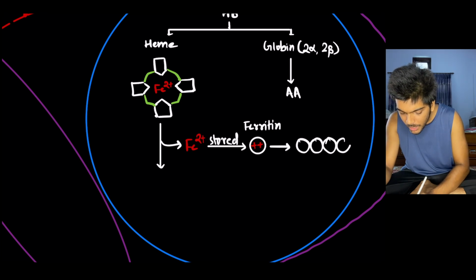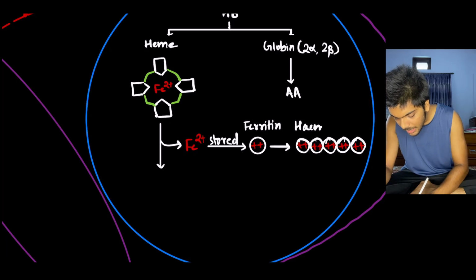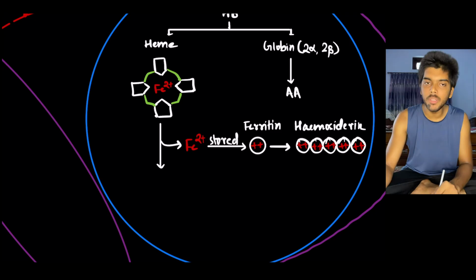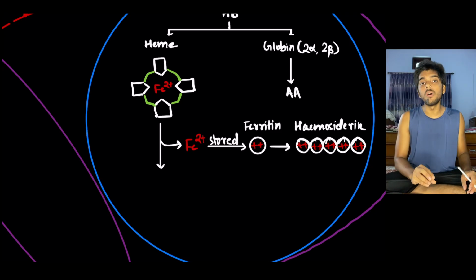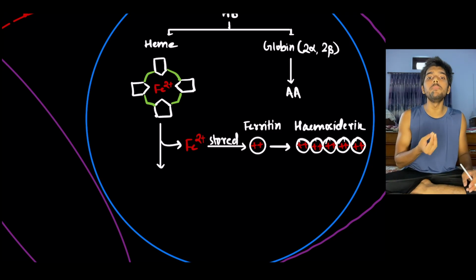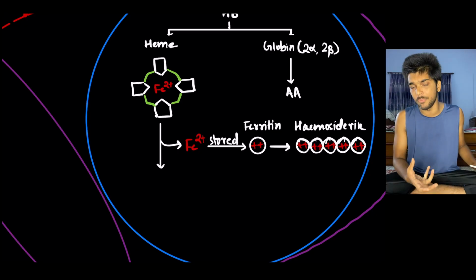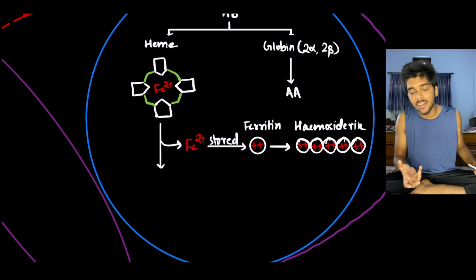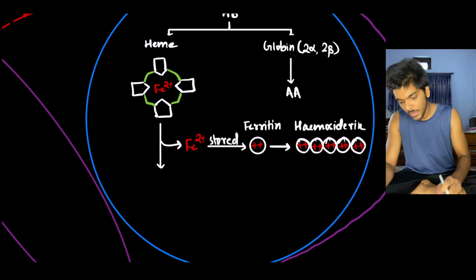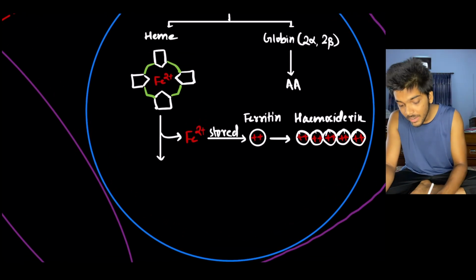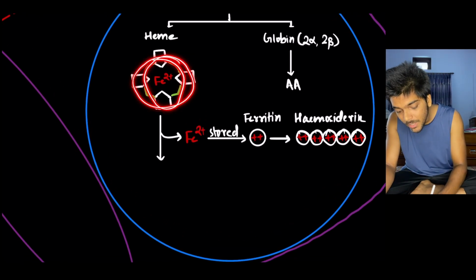The ferritin polymerizes to form a larger molecule, which is called hemosiderin. So the iron snatched from the heme of hemoglobin is stored in the form of ferritin, and ferritin polymerizes to form a much larger stored form of iron called hemosiderin. So both ferritin and hemosiderin are stored form of iron.